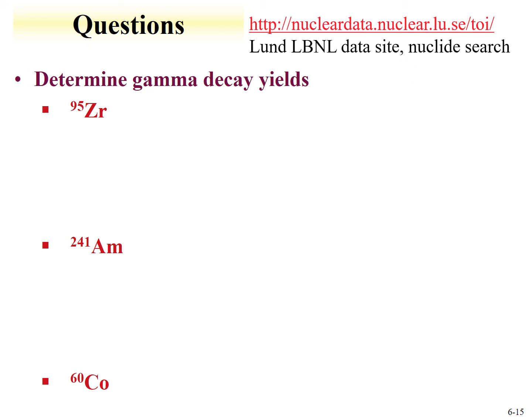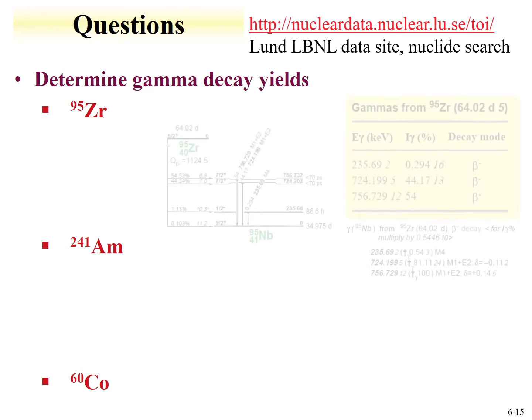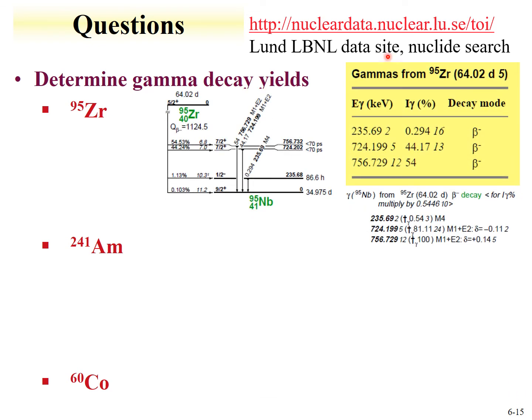gamma decay yields. So for instance, if we did this for zirconium-95, the data that you would get from the link is shown here. You would get energy and intensities in the decay modes. For zirconium-95, 2 photons are observed with pretty high intensities: one photon at 724 keV, one other photon at 756 keV.